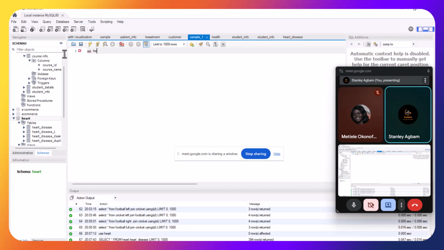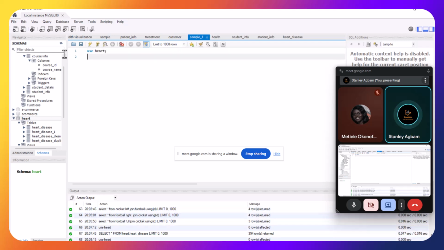Then I'm going to show us the table we are going to be using. It's the same one I sent to us on WhatsApp. Basically, I just want to follow the standard scenario.